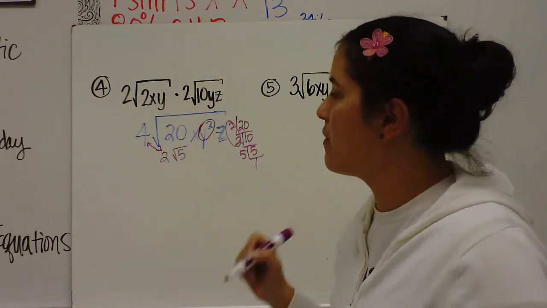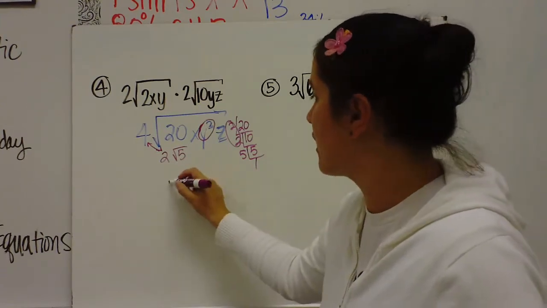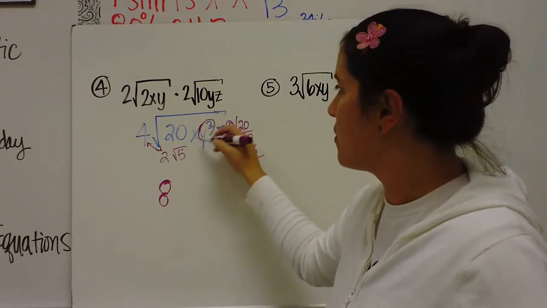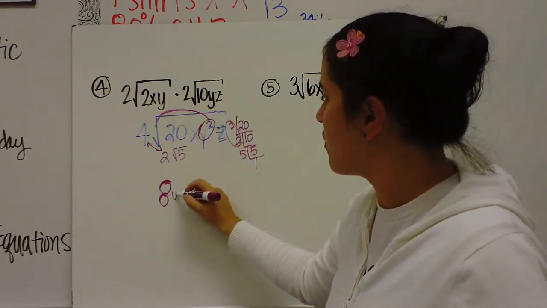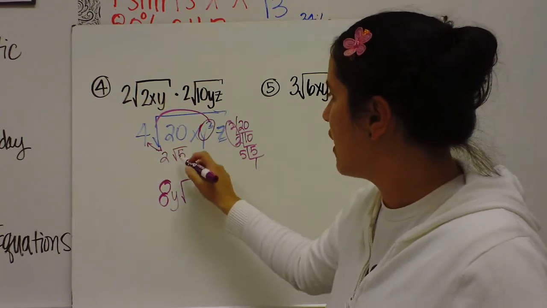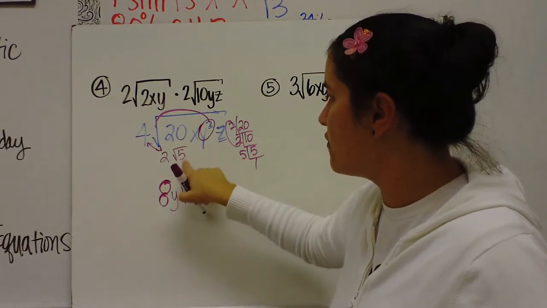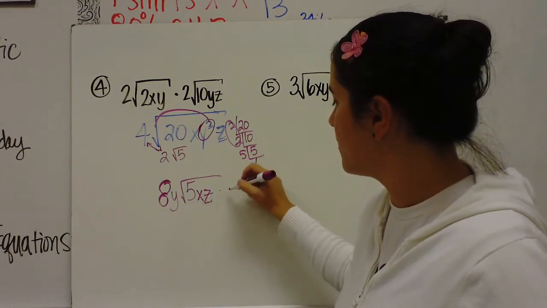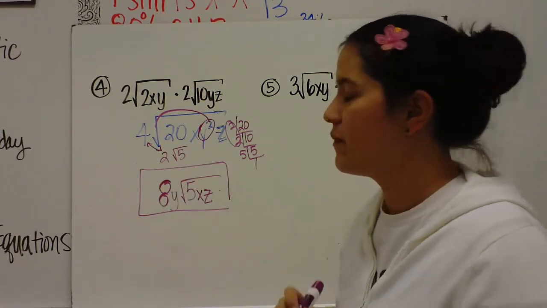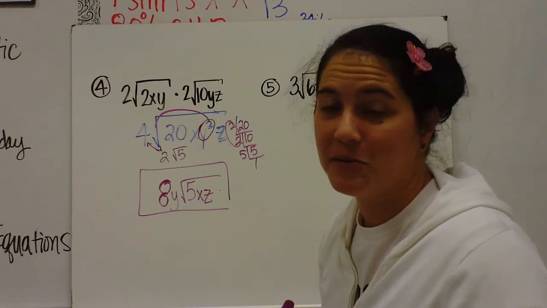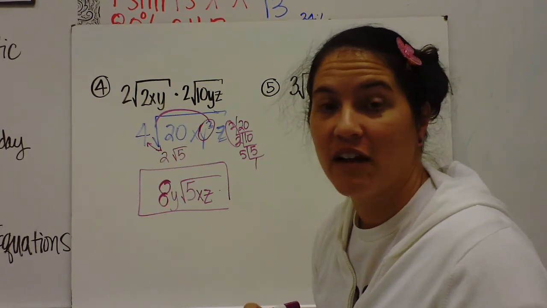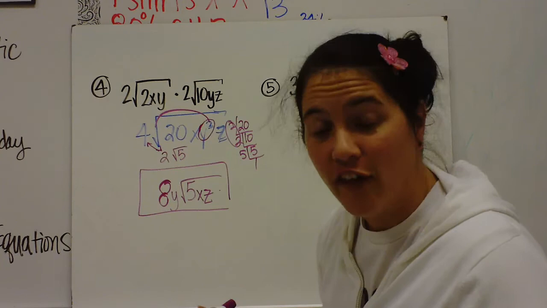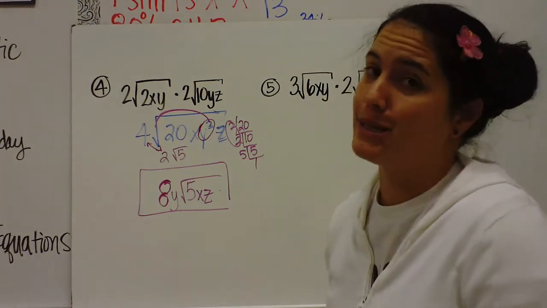I can multiply my 4 and my 2. So that's going to give me 8. But remember, my y is coming out, so 8y. And then I have left 5. And then my x and my z. Okay? I know some of you might be like, oh my goodness, I don't know what I'm doing. And some of you are following it. We're going to practice, but this is not easy.